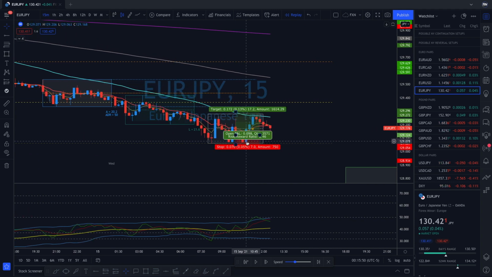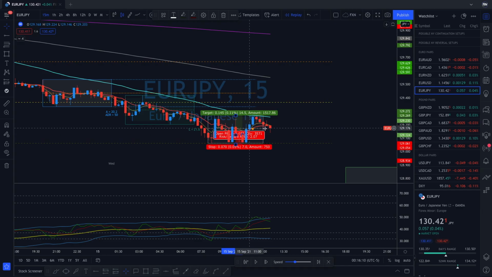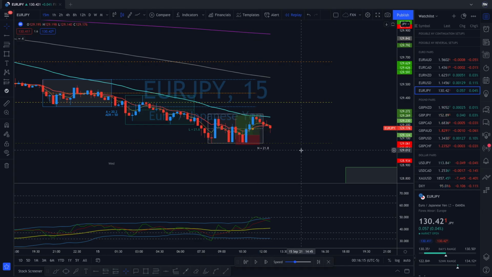So you get 1, 2, 3, 4, 5, 6. So literally right at the 6th candle it tags the 50 there. And so it's 2 to 1. So that would be a trade there for you.